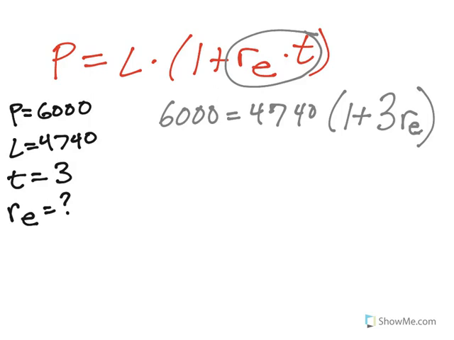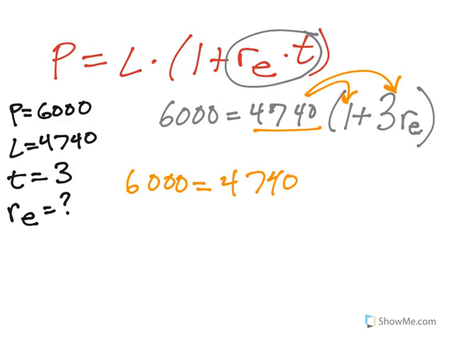What I'm going to do is distribute. Because the 4,740 is touching the parentheses, I'm going to distribute it to both pieces. So I've got 6,000 equals 4,740 times 1, which is 4,740, plus 4,740 times 3, which gives me 14,220, times my effective rate, R sub E. So I just distributed, that's what I did here.